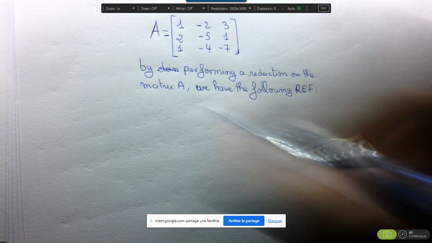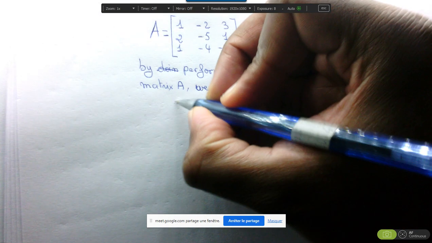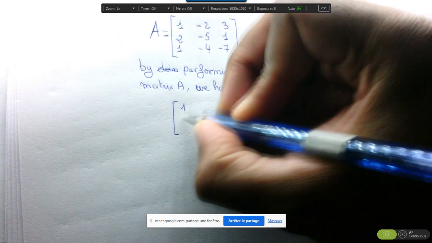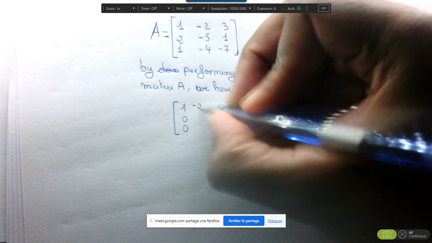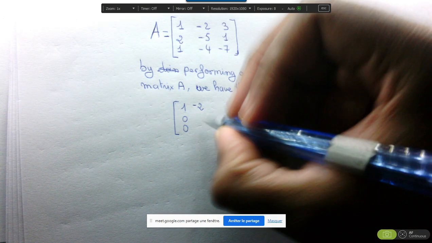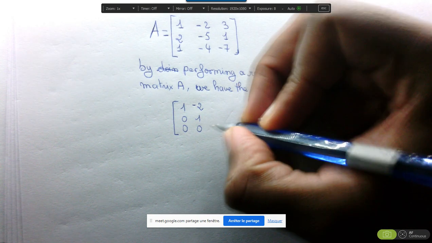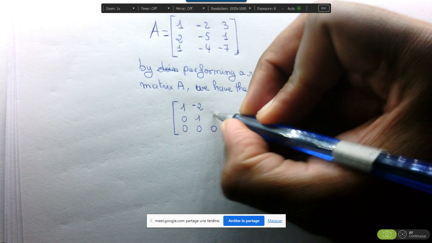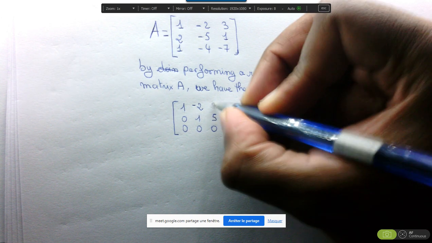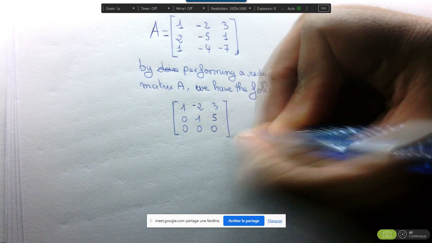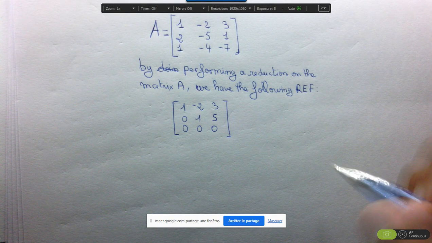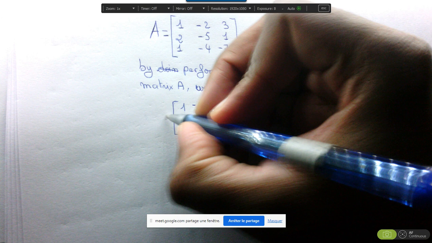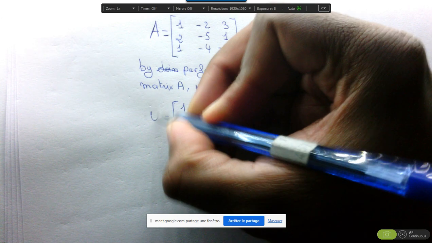So we have the following matrix: 1, 0, 0, -2, 1, 0, 0 in here, 5 and 3. Let's denote this matrix as U.